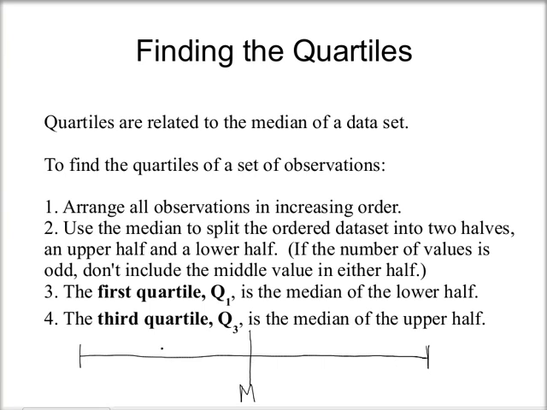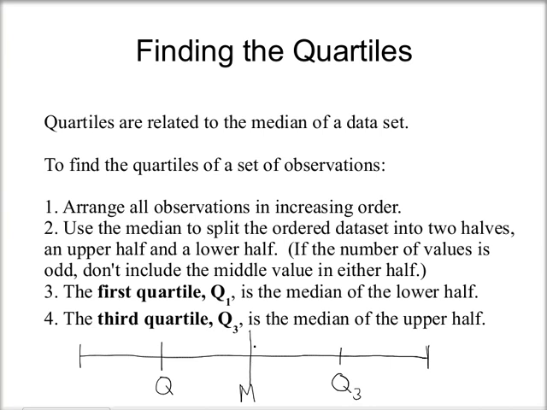And then the first quartile, Q1, is the median of the lower half, so it's in the middle of the lower half here. And the third quartile, Q3, is the median of the upper half, so it'll be this value here. So it breaks up our data set into 4 sections, where the median just broke it up into 2 sections.